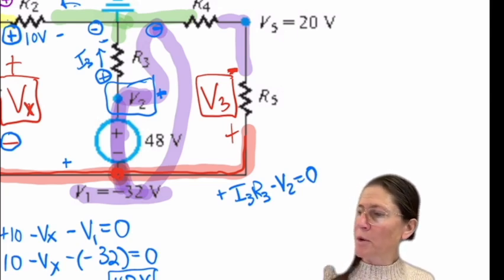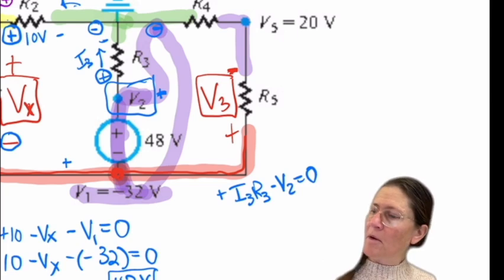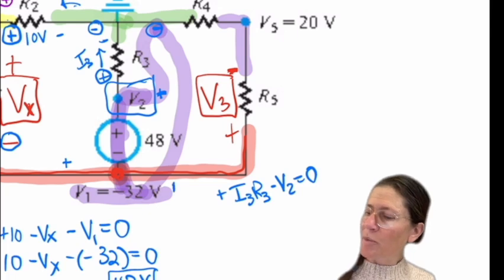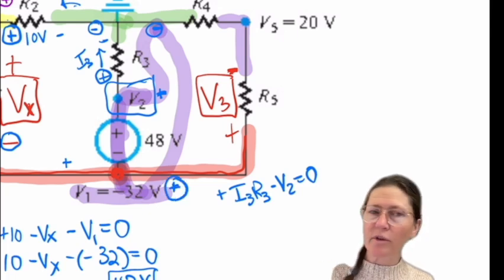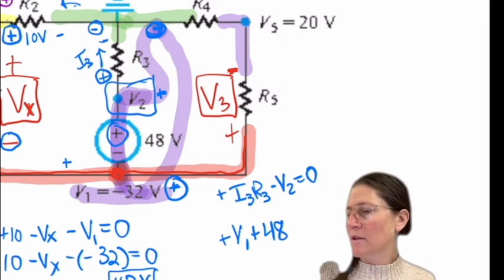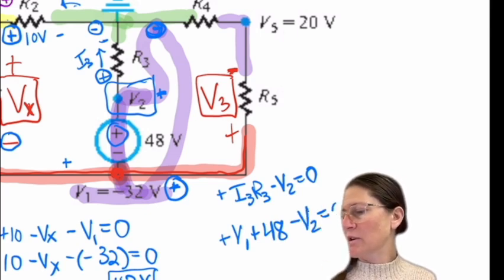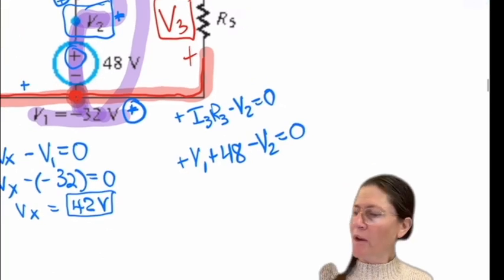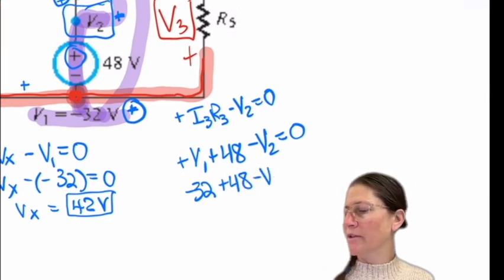For that loop, from ground to this point is always a plus wherever the node is. So that would be a plus, plus, and then a minus. So plus V1 plus 48 minus V2 equals 0. Substituting in, this is minus 32 plus 48 minus V2 equals 0.